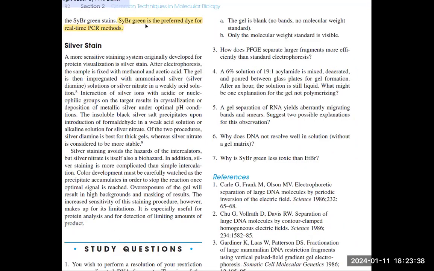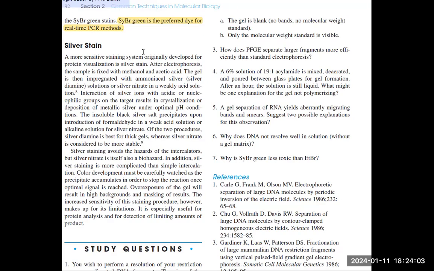And cybergreen is the preferred dye for real-time PCR methods. Real-time in the sense that we can really observe the cycles while we are measuring our DNA or RNA fragments. So the best for real-time PCR is cybergreen.